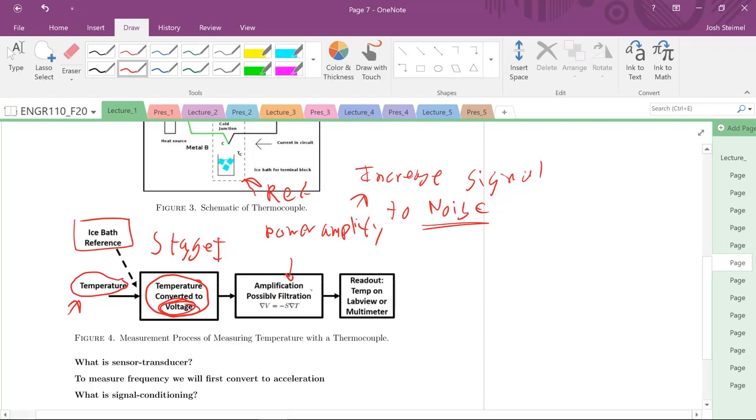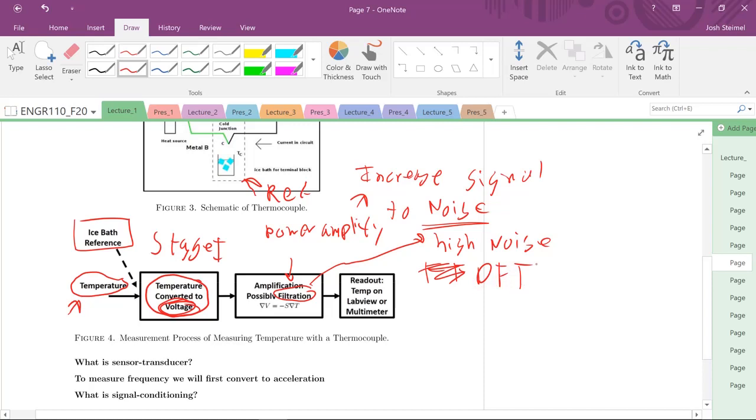You could also do filtration. That's not as common, I think, for thermocouples, but that's a possible step. So you could filter out any high frequency noise in your voltage data, for example. This filtration step is going to be very important in just a second for DFT, discrete Fourier transforms.